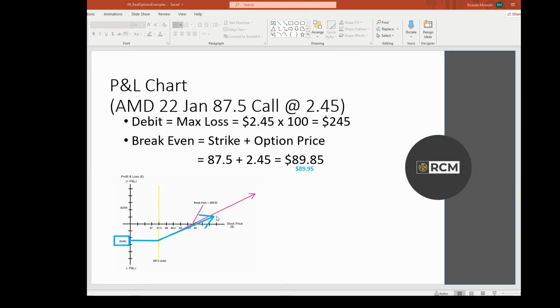Now we're just kind of estimating, eyeballing it here because we're between 89.5 and 90, but we're trying to get the 89.95 as the break-even price, and this is basically how we would do it.